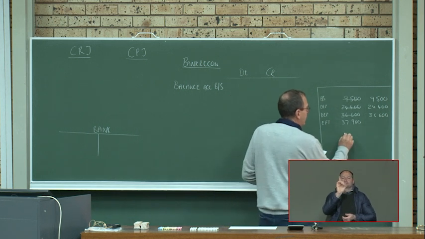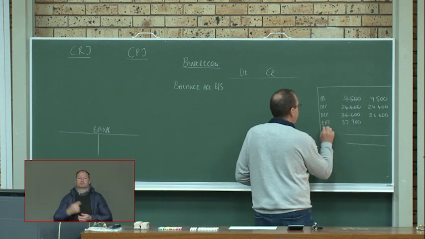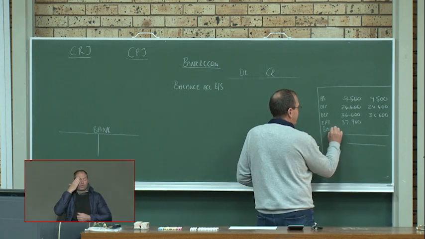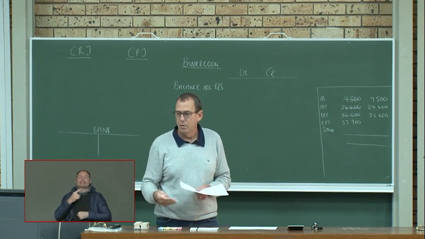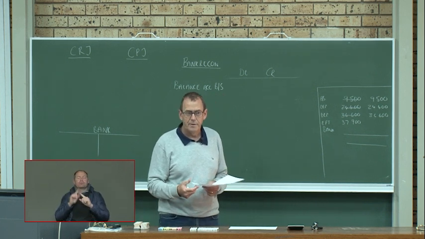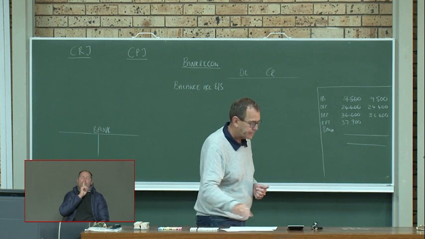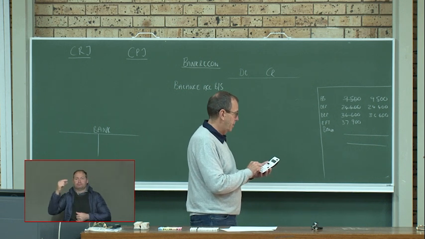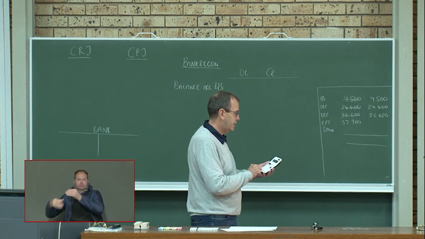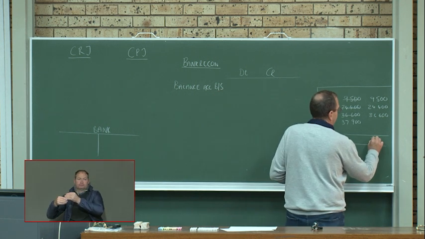So now we know we need our bank balance. In this case it was easy. They said it's a favorable balance, but normally they don't say that. All right. So now we can see, if we take our credit side, the 9,500 plus 24,400, 36,600 gives us 70,500.